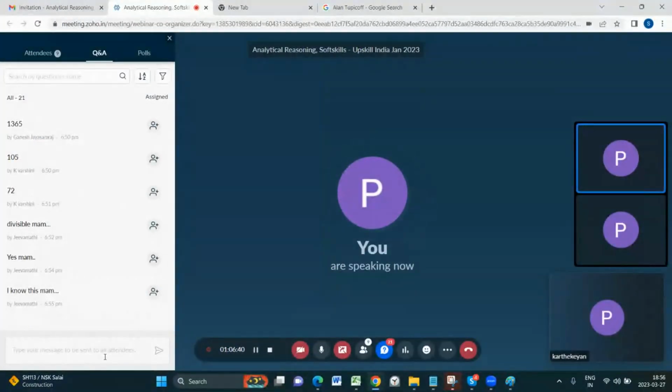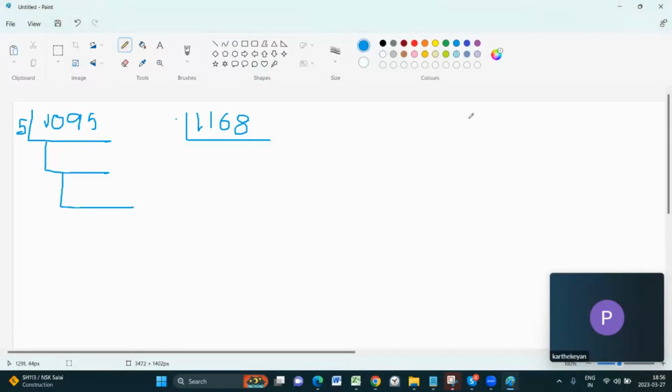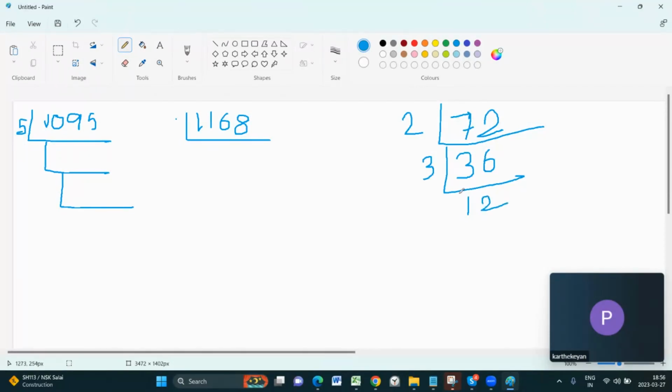I will do one, another 72. 2 3s are 6, 12. 2 6s are 12. 2 3s are 12.